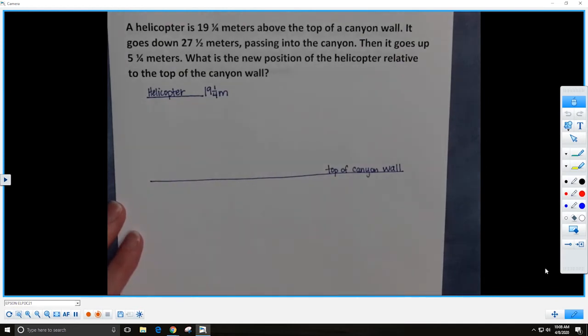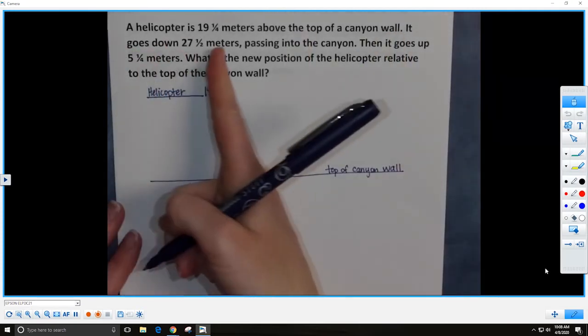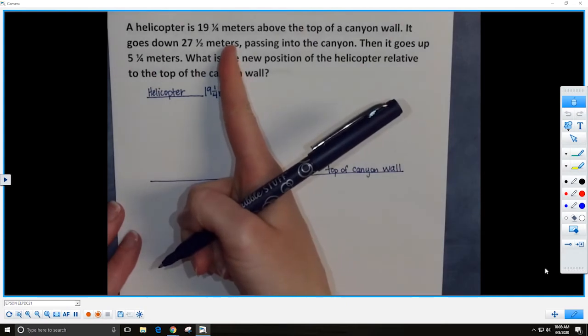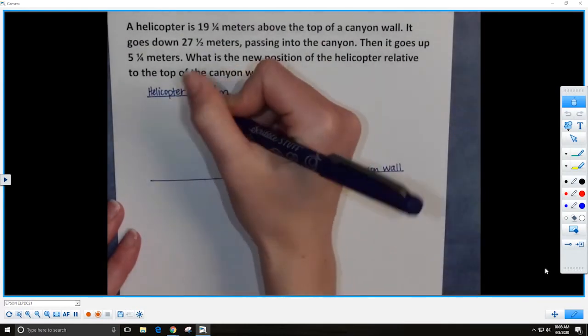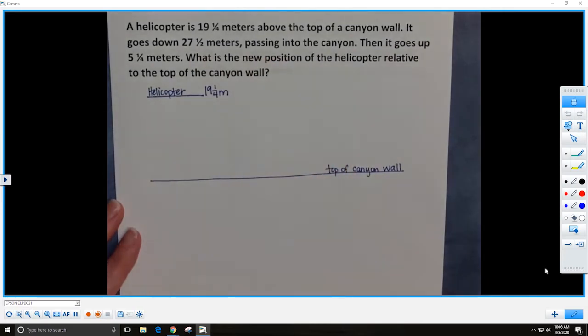What happens to the helicopter first? Right, it goes down 27 1/2 meters. So how can I show that the helicopter goes down 27 1/2 meters? Good, so I'm going to draw myself an arrow down, showing that it's going down.